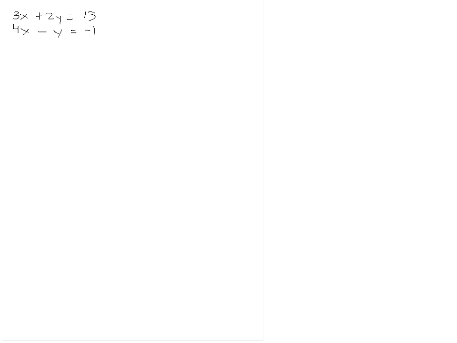If I isolated this, I'd have to divide by 3 and I'd create fractions. If I isolated this one, the y, I have to divide by 2 and I'd create fractions. If I isolated this x, I divide by 4 and create fractions. So this one is our best bet. We take 4x minus y equals -1, and I isolate it by moving this over.